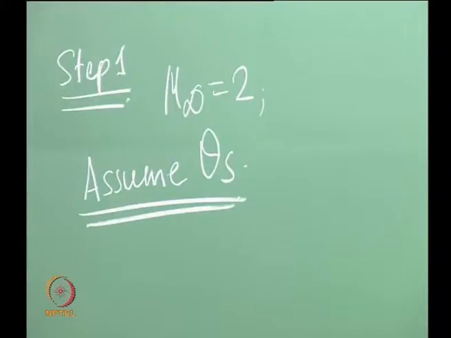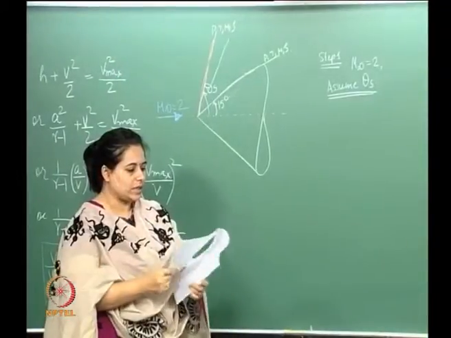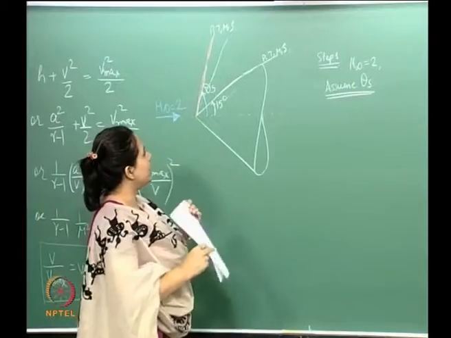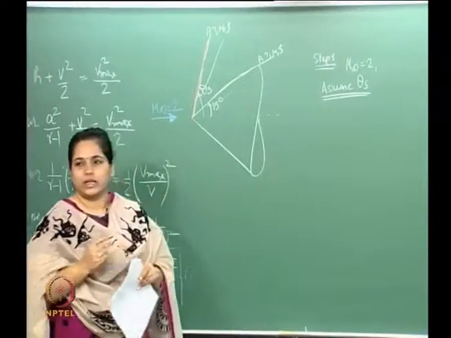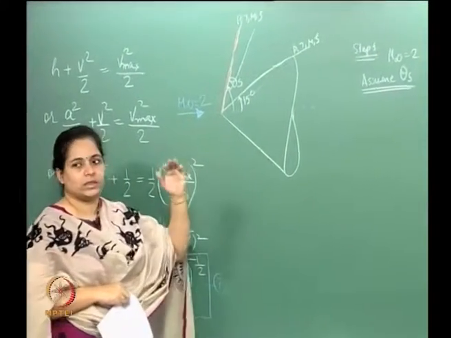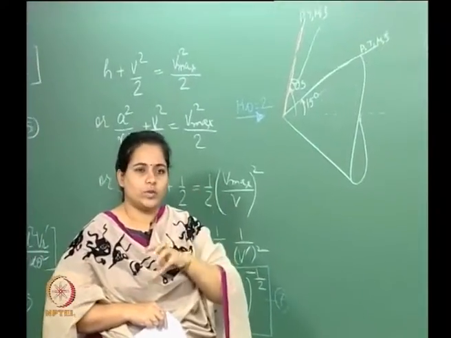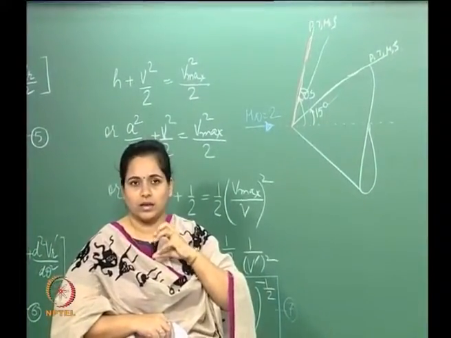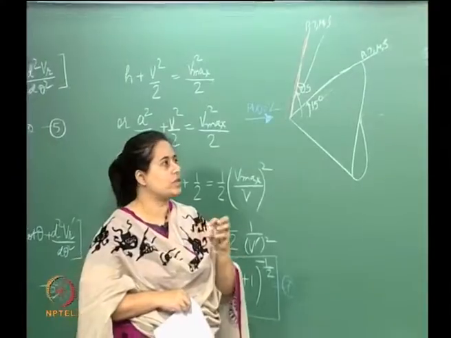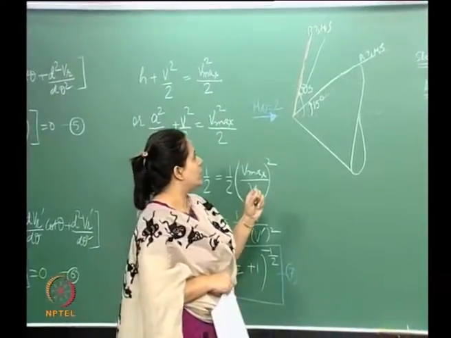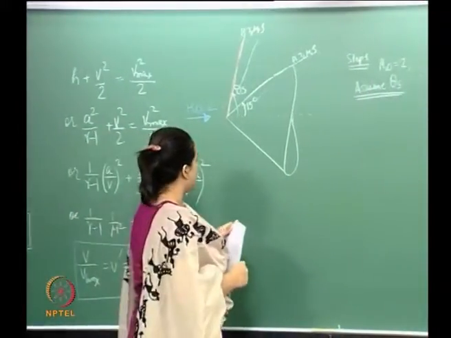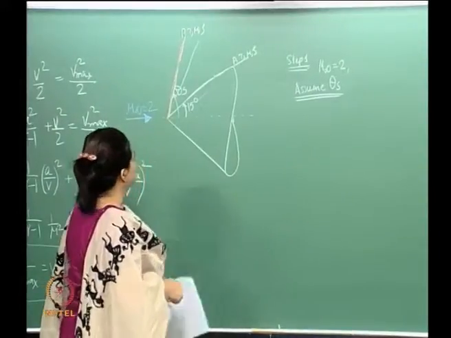Once we do that, theta s is the shock wave angle, which is essentially the beta which we had learned earlier for the wedges, the theta-beta-M relationship.